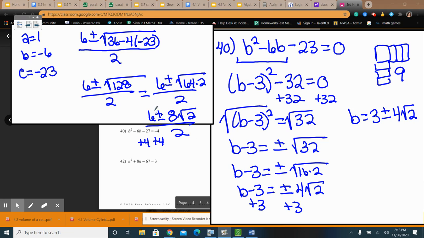And now, when I love math, it will simplify. Because look, 6 over 2, that's 3, plus or minus the 8 over the 2, that gives you the 4 square root of 2. So when you do quadratic formula, it gets a little bit messier to simplify. But when you complete the square, it's kind of messy to complete the square. So you kind of got to pick what mess you want.